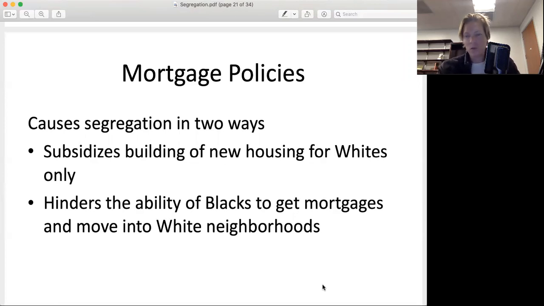Now, as I mentioned, once the FHA starts to guarantee and offer mortgages, they're more likely to give mortgages to Black households than private lenders were previously. But Black households are much, much less likely to get mortgages than white households, so it becomes more difficult for Blacks to purchase housing. Because housing in white neighborhoods is more expensive, it becomes virtually impossible for Blacks to move into white neighborhoods unless they are incredibly wealthy, much more wealthy than their white counterparts.